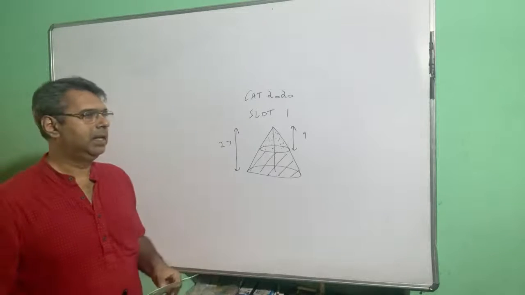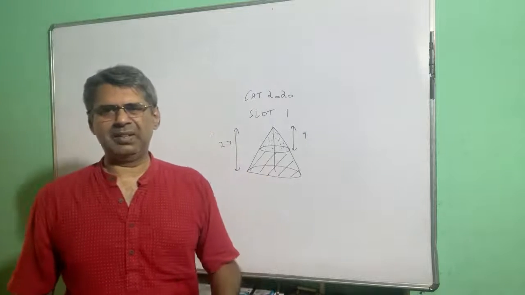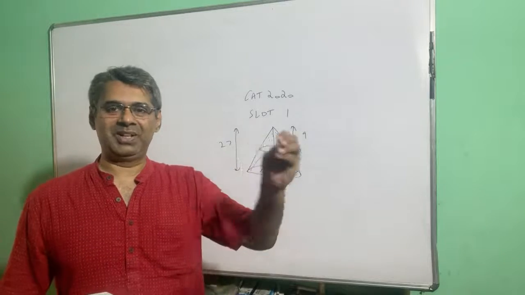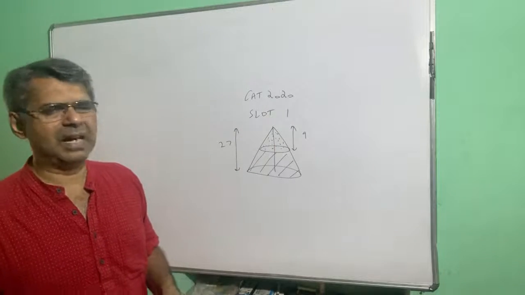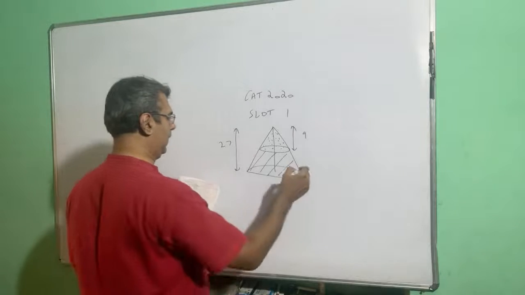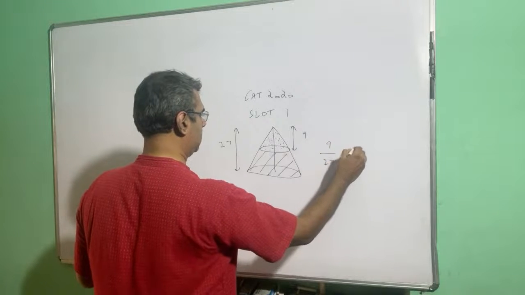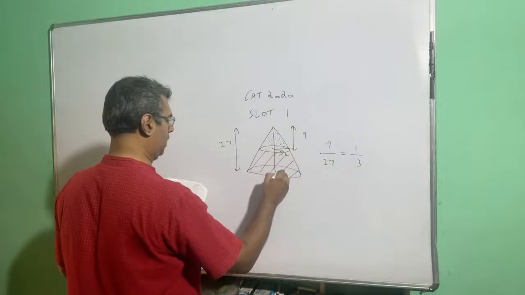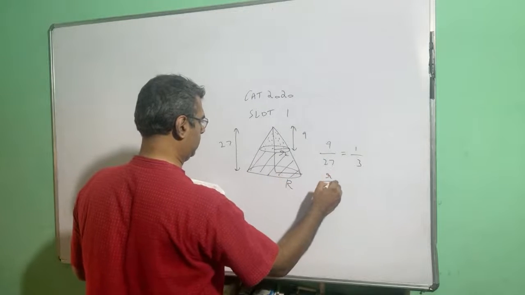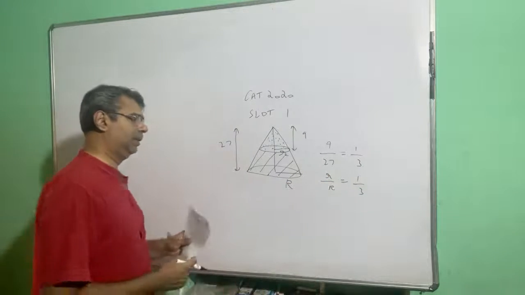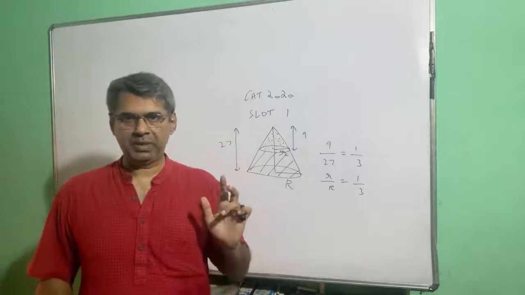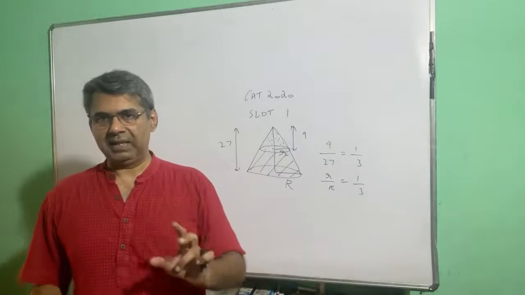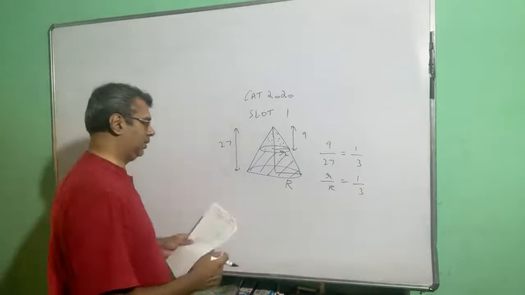That concept actually comes from similar triangles, but let us not bring in stuff like similar triangles unnecessarily. The ratio of the heights is 9 by 27, that is 1 by 3, so the small radius to the big radius will also be 1 by 3. This is the basic concept of frustum.